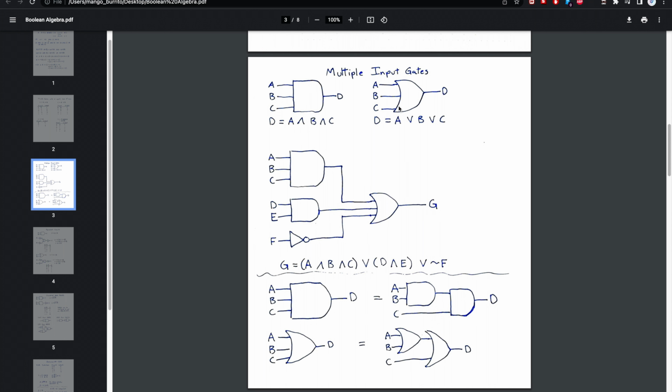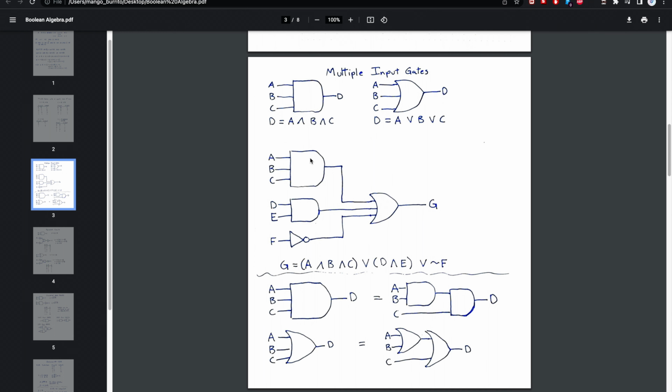And then this is the OR operator, this shark tooth right here. You can see it's represented right here with that upside down caret, OR. So it's A, or B, or C. And the output of this gate is D.